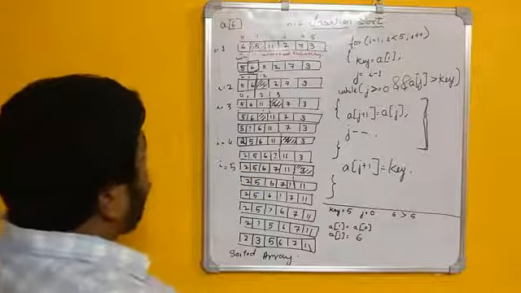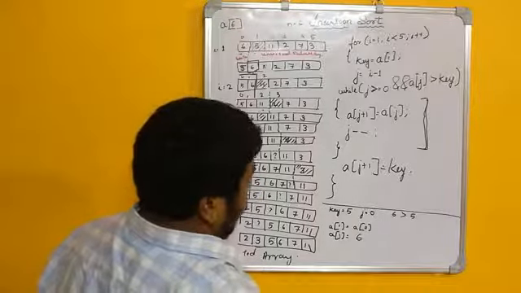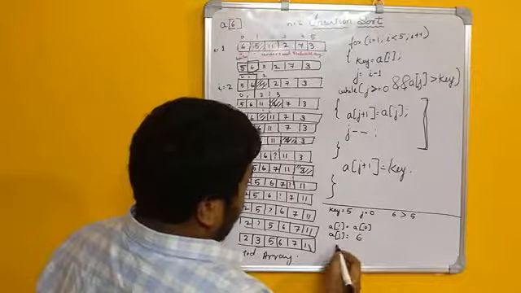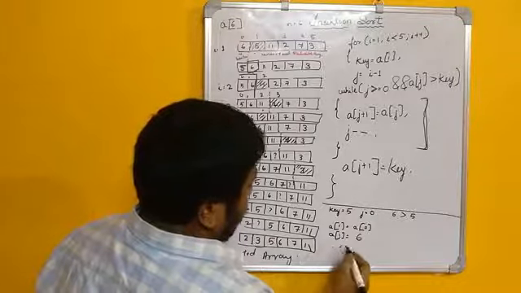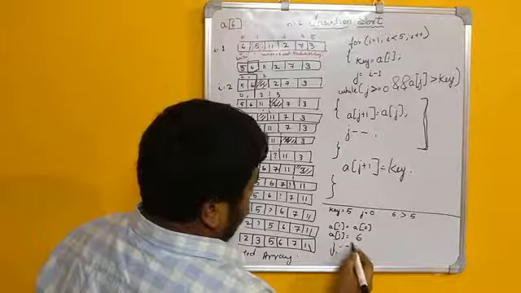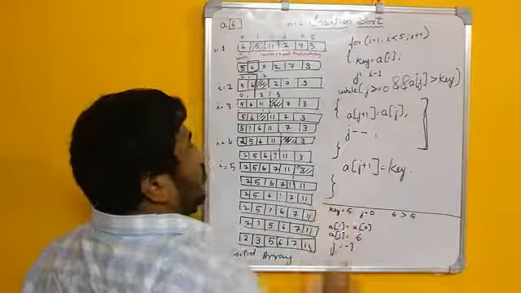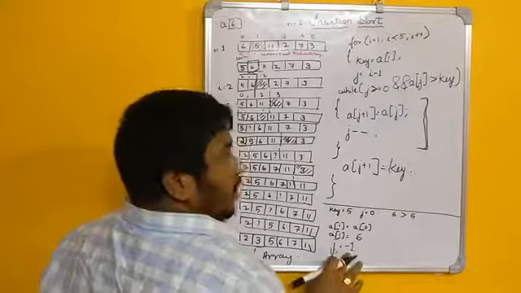What happens now? j is decremented. j was 0, so now j minus means j is equal to minus 1. Again it will go for the while loop. While j is greater than or equal to 0, the condition fails.